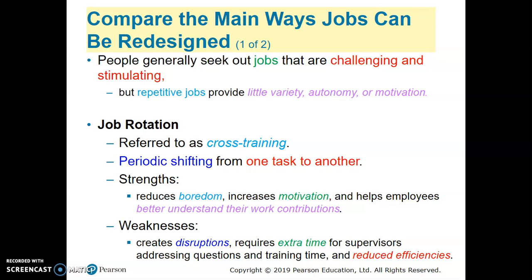Many organizations have employees who have to do repetitive work, where the tasks have little variety. That means they do the same thing, they're doing a routine job, and they may have less autonomy or motivation.